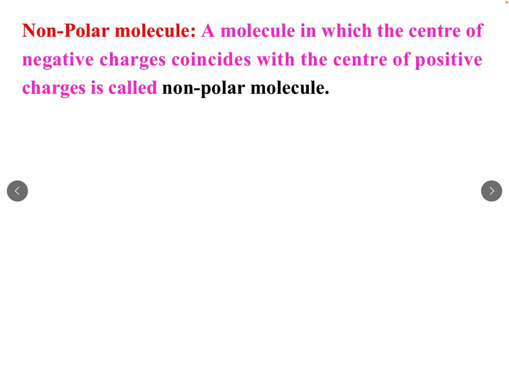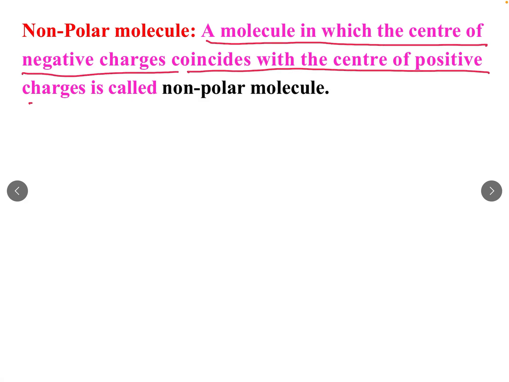Non-polar molecule: a molecule in which the center of negative charges coincides with the center of positive charges is called a non-polar molecule. These centers of positive and negative charges are at the same point, coinciding with each other.